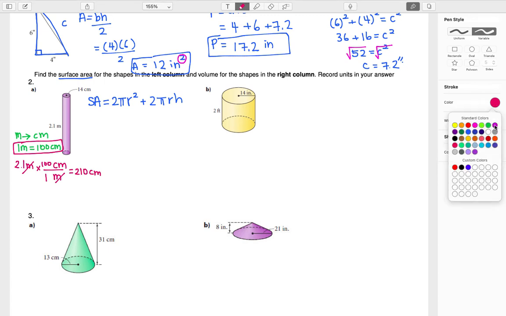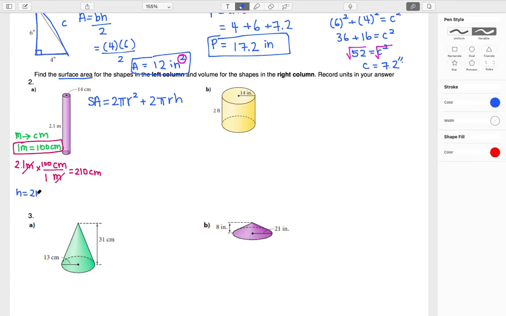So let's write down all the givens. We know that the height is going to be 210 centimeter. And we know the radius, right? The radius of the circle is 14 centimeter. Well, let's plug in. For pi, you can plug in 3.14, or you could plug in the pi button on your calculator.